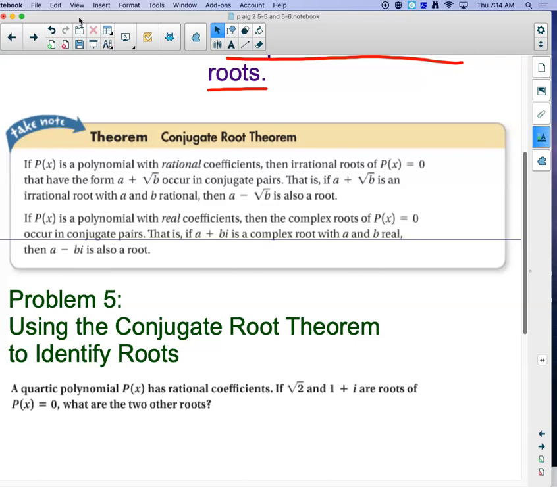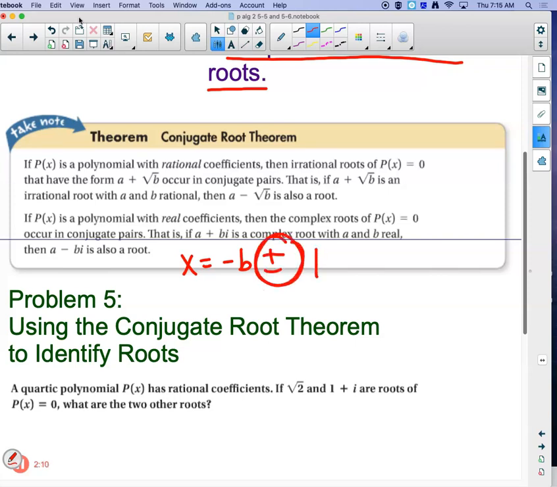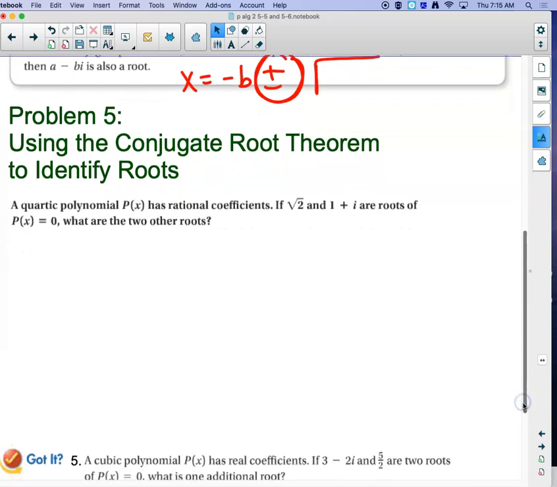That is, if a plus bi is a complex root with a and b real, then a minus bi is also a root. And that's because in the quadratic formula, x equals negative b plus or minus the square root, so we always get that little plus or minus piece when we're looking for those conjugates.